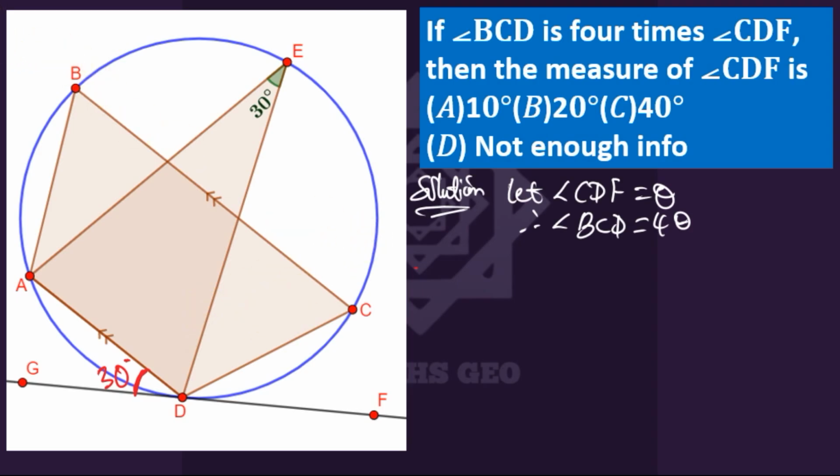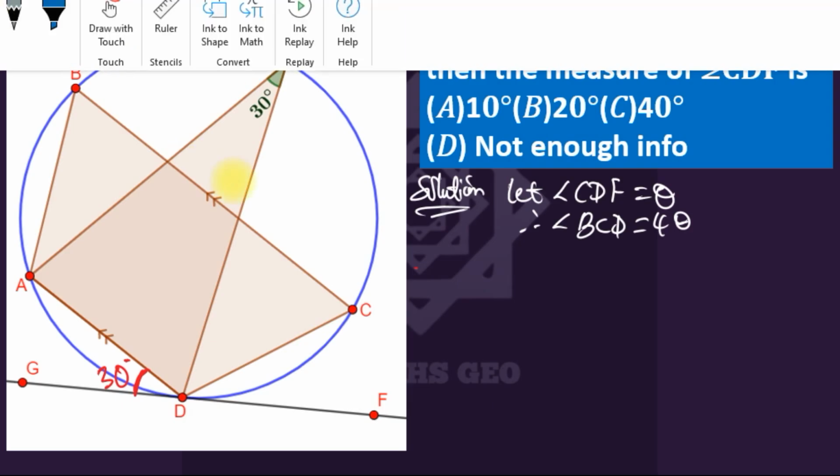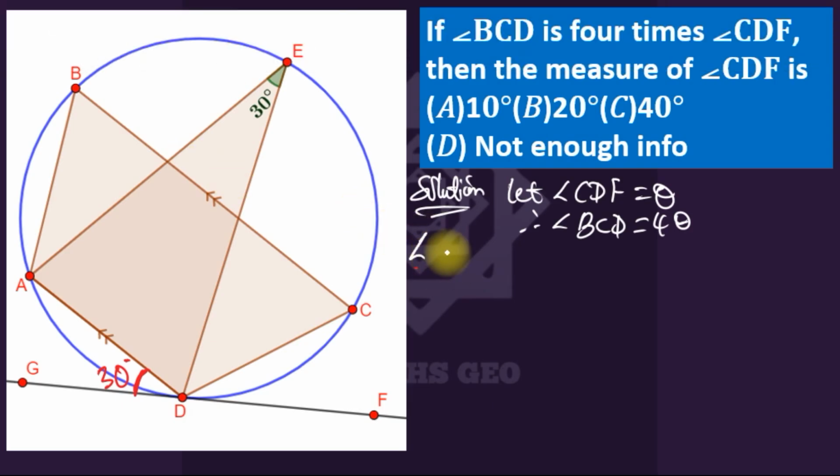Let's write it down before we go to another one. That angle GDA is 30 degrees based on alternate segment theorem.